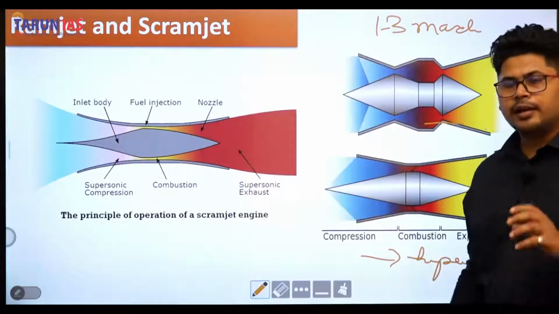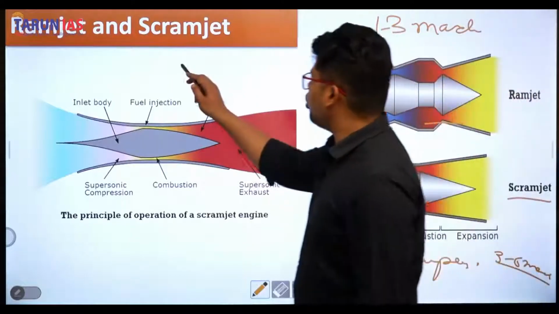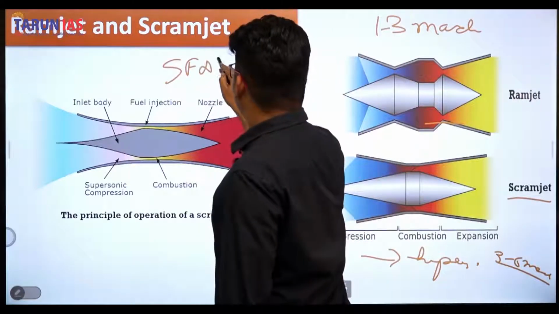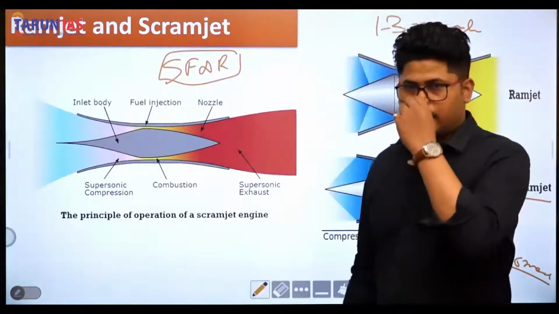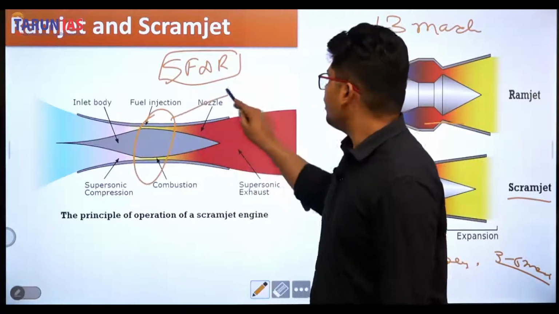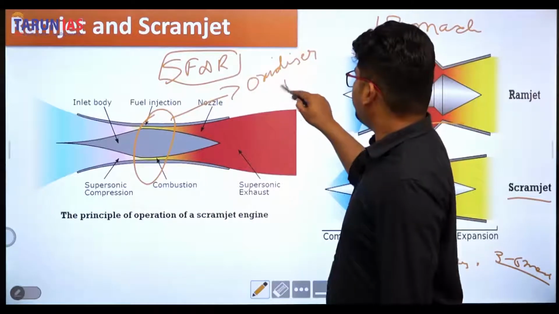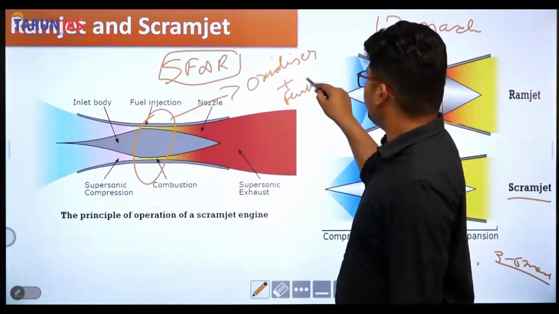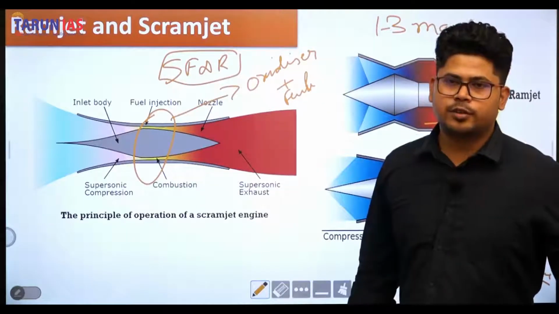So now what DRDO has done is they have produced the solid fuel ducted ramjet, SFDR. Earlier, the fuel was basically one oxidizer and fuel, which can be hydrogen, because hydrogen is a highly combustible substance.